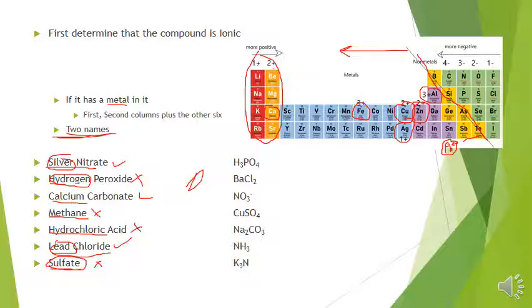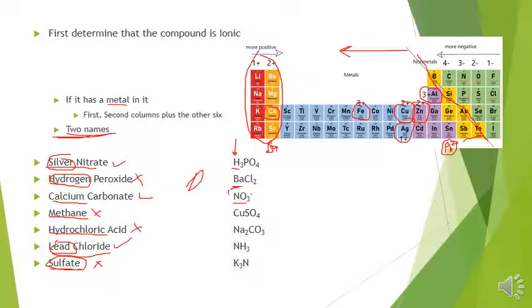For formulas, again, you look at the first element, and if this guy here is a metal, then it's ionic. All right, is this ionic? No, because hydrogen's a nonmetal. BaCl2, is this an ionic compound? Yes, because Ba is a metal, and Ba is down here in the periodic table.